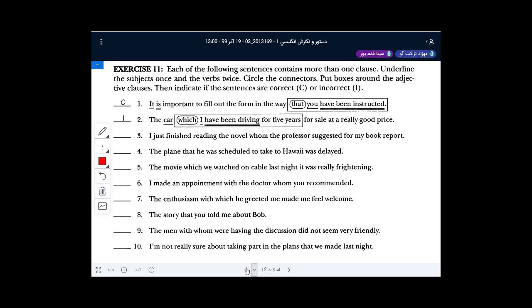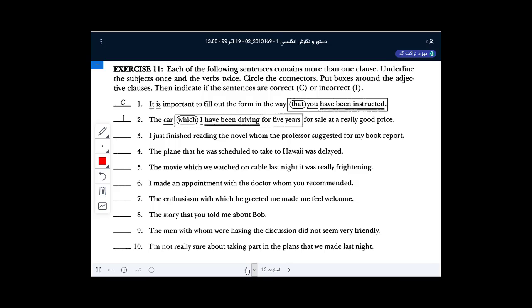The movie which we watched on cable last night, it was really frightening. I think it is unnecessary. Excellent, Sina. Very good. We have an extra subject in the sentence. When you have more than one verb in the sentence, watched, was, so these are two verbs.